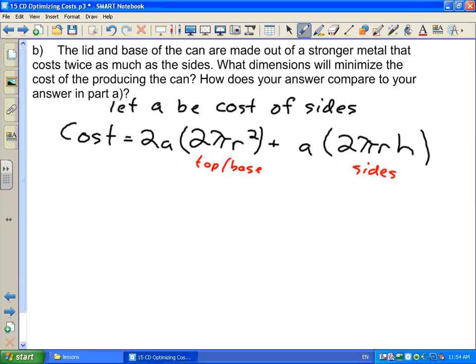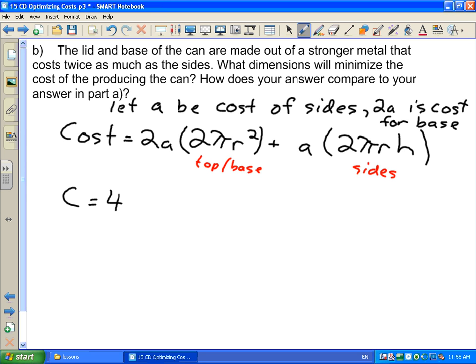So A is the cost of the sides, and 2A is the cost for the base. My area times the cost per unit area is going to give me my total cost. And then I can work with this function just like I worked with the other one.